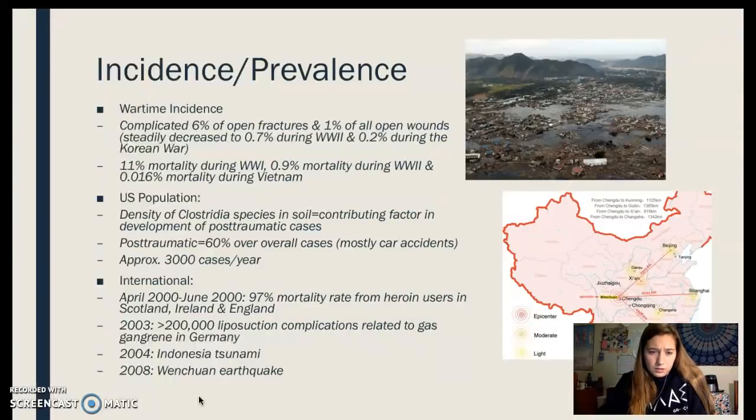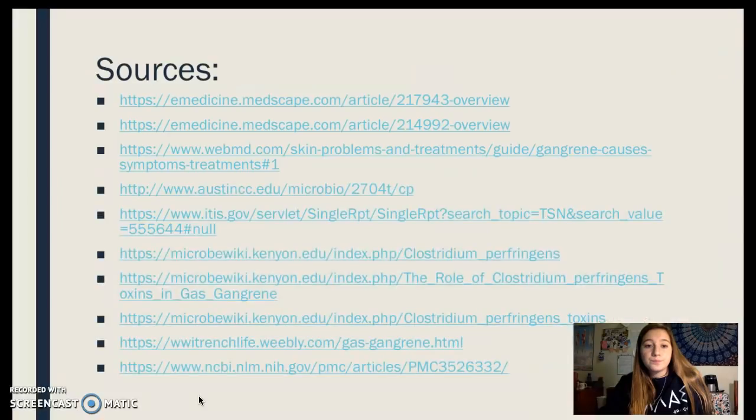And then from April 2000 to June 2000, there were a bunch of heroin users in Scotland, Ireland, and England using, I'm assuming, dirty needles, who got infections, and there was a 90% mortality rate in those people because they contracted gangrene, and a lot of them died. Liposuction complications in Germany led to gangrene, and there were a lot of deaths there as well.